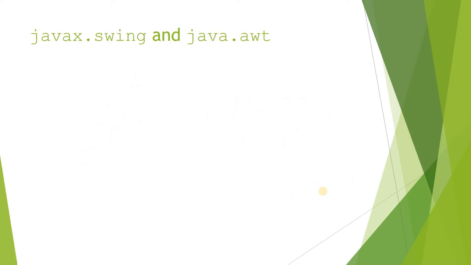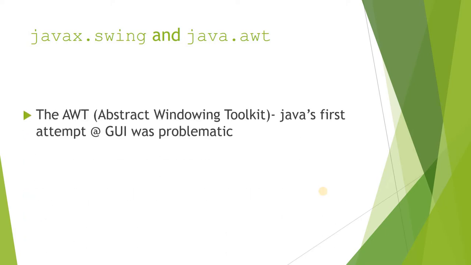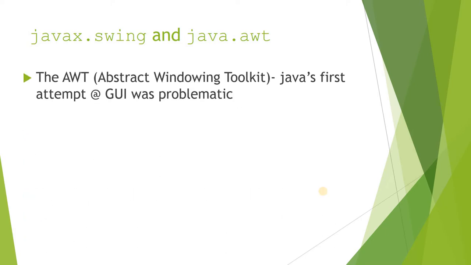All right, so I'm going to give you a little background, but the two packages that we'll import for graphical user interfaces are Swing and AWT. In the earliest versions of Java, the AWT, or the Abstract Windowing Toolkit, was used to create windowing capabilities for GUI.